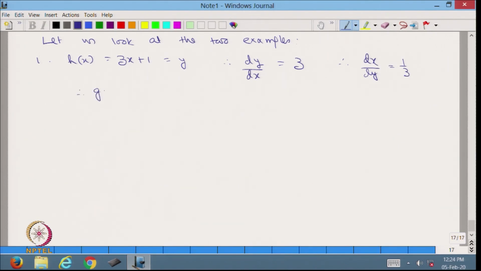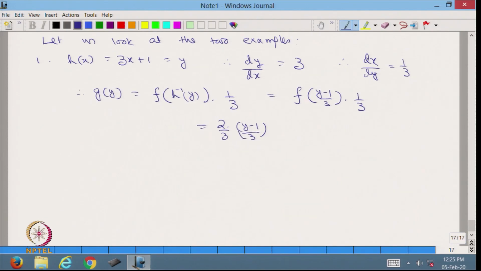Therefore, g of y is equal to f at h inverse y into 1 by 3, which is equal to f at (y minus 1) upon 3 into 1 by 3, which is equal to 2 by 3 into (y minus 1) upon 3, which is equal to 2(y minus 1) by 9.